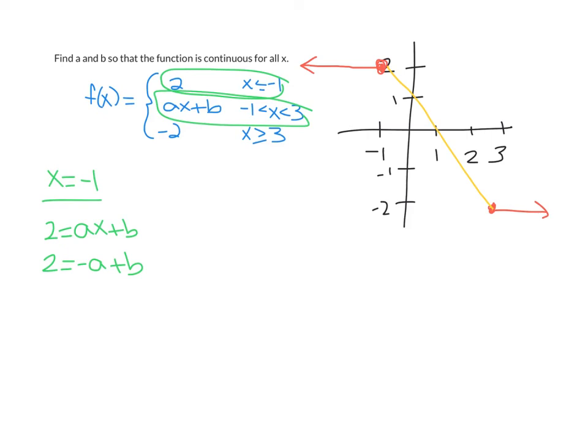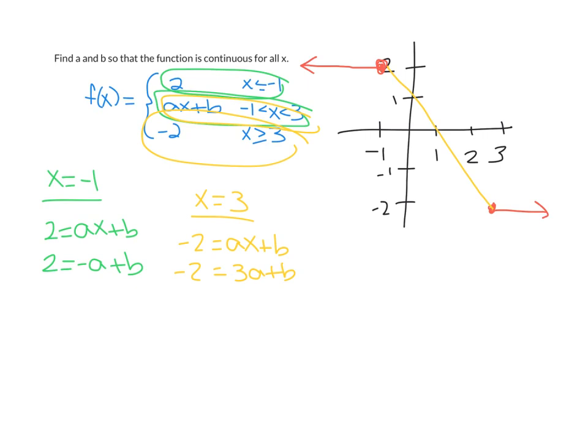The other thing that we want is we want our ax plus b equal to -2 when x equals 3. And actually, once again, I can substitute in 3 for x. My recommendation is if you need a second, pause the video and just think about that, go for it.